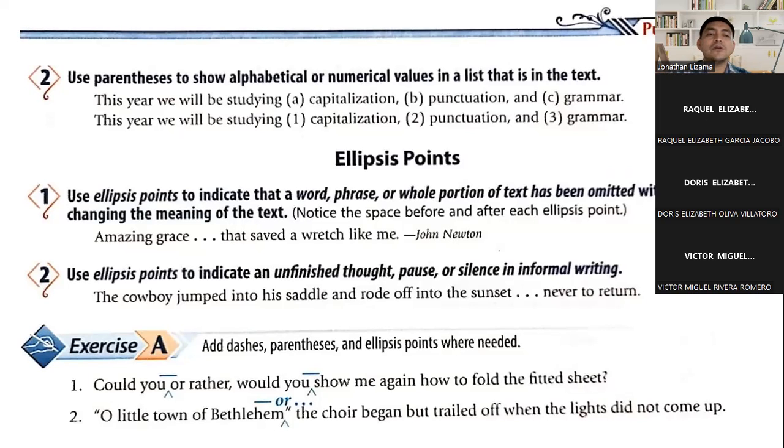Vamos a ver ellipsis, que son los 3 puntos. Use ellipsis points to indicate that a word, phrase, or whole portions of text has been omitted without changing the meaning of the text. For example, Amazing Grace, ellipsis, that saved a wretch like me.